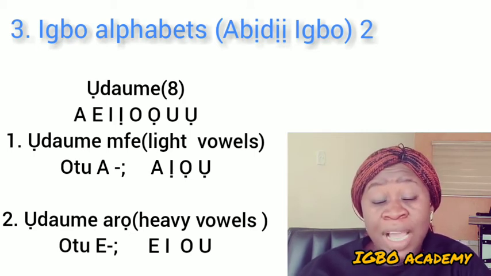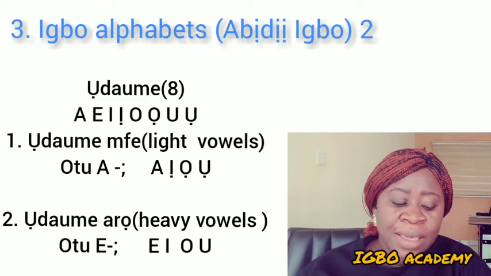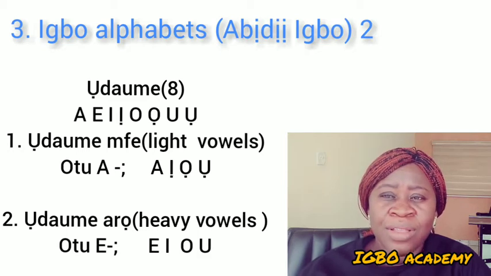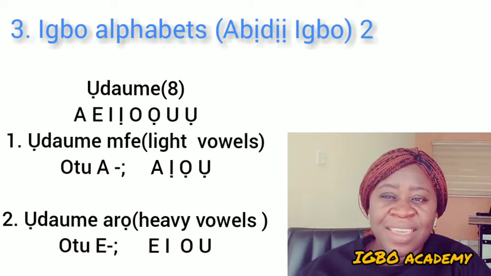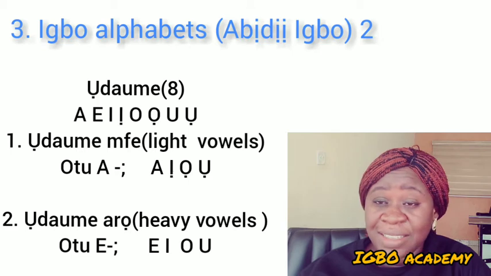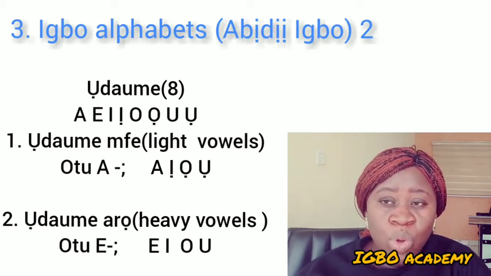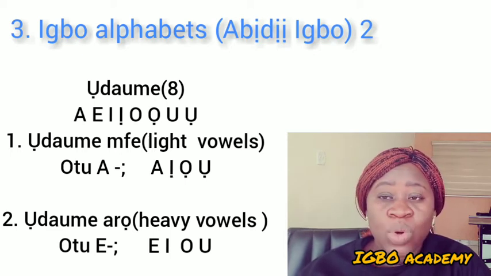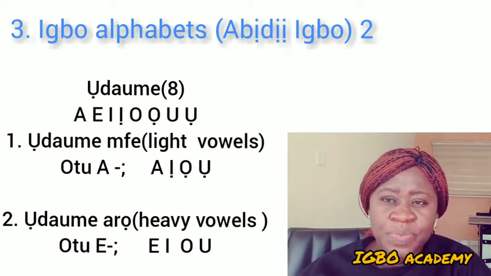They are called udamfe. Then the udaro are the E group, or ndiotu e. They are E, the capital letter E, letter I, letter O, and letter U. So those are the udaro.